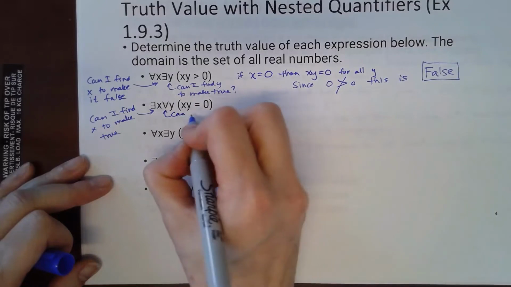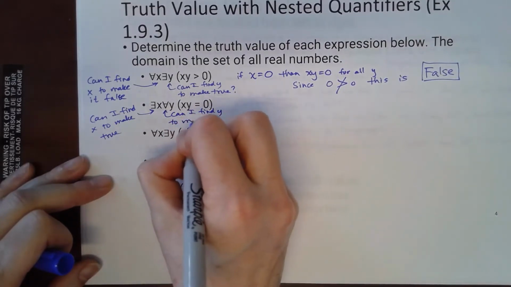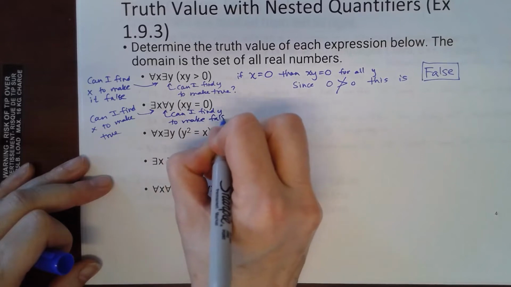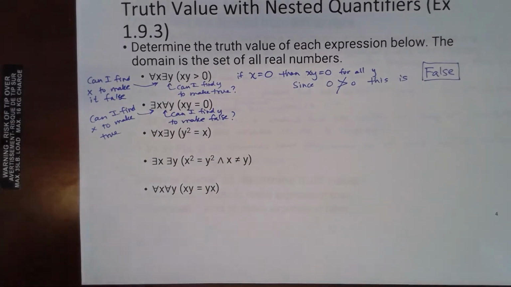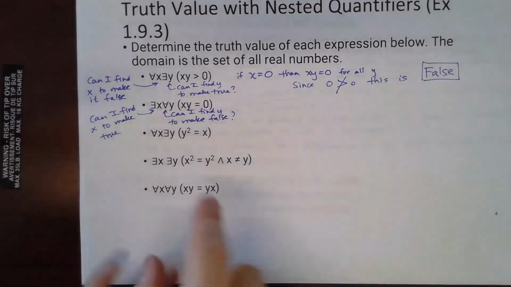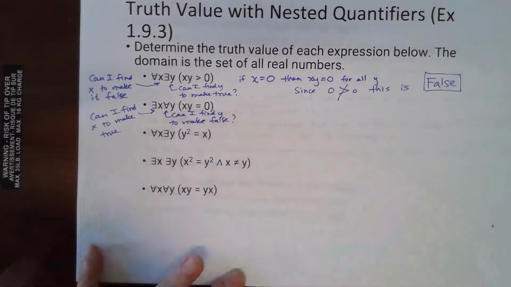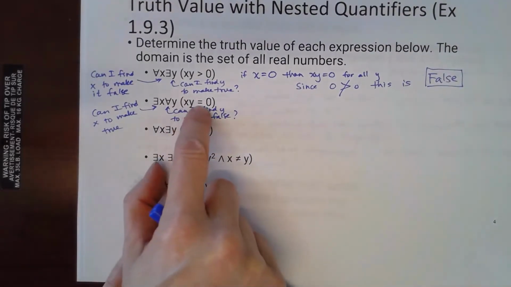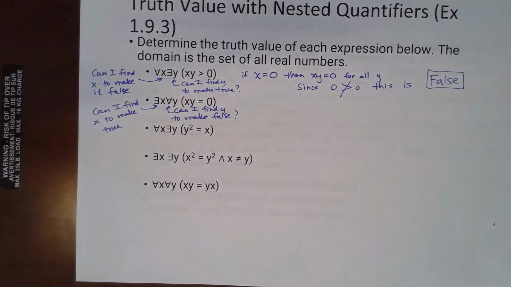So can I find a Y to make it false? Those are the questions they're asking. So who's going to win this time? For the product of X and Y, can we guarantee that this will be false, or could we make a choice to guarantee that it would be true?